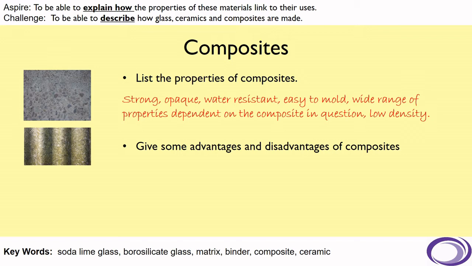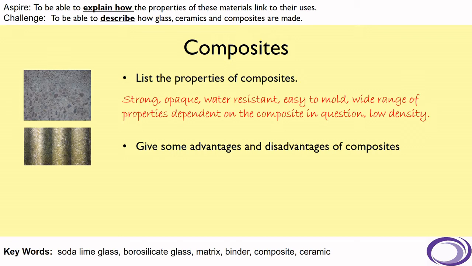So for example, composite wood such as chipboard is significantly cheaper than wood like pine because it's made out of fragments. However, composite doors are more expensive than wood doors, so cost doesn't always work in one way with composites. They typically also have quite a low density.